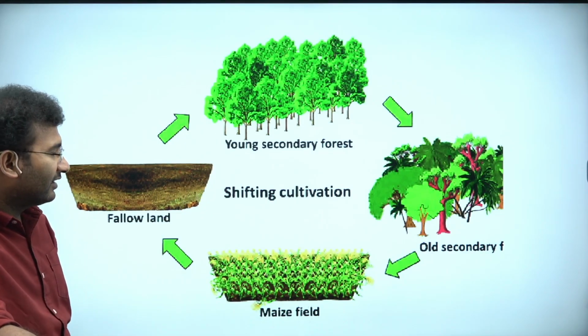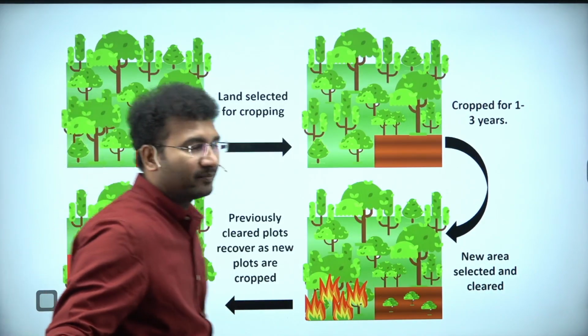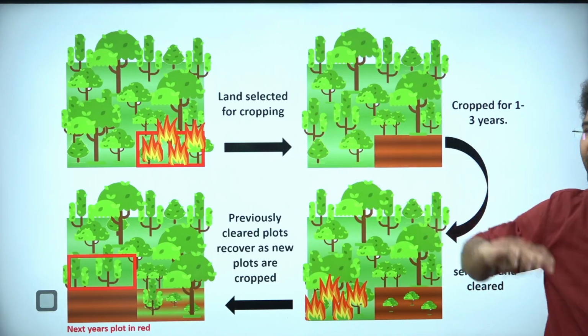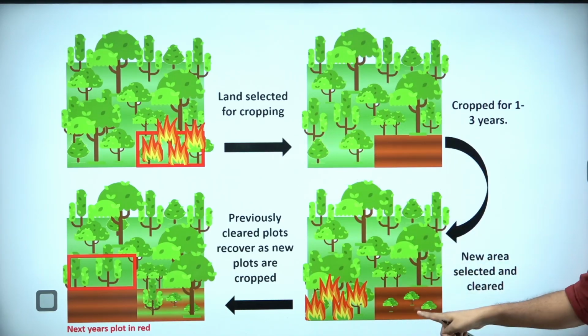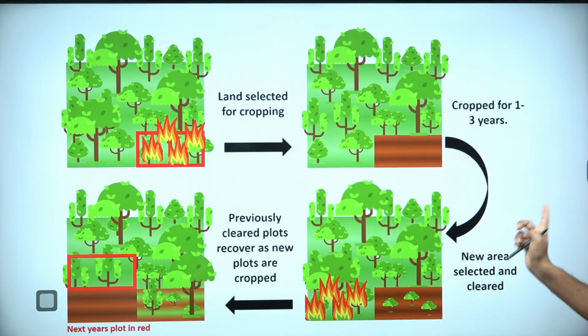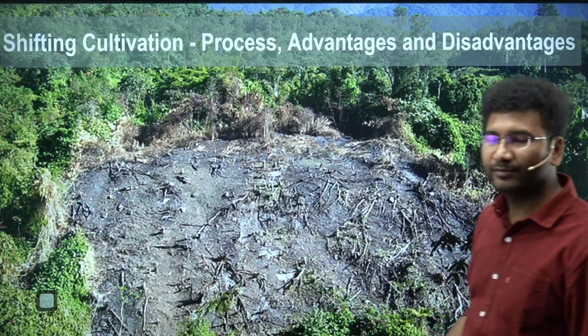In a similar manner, you move from one place to another. First, you select the land and burn it. Then you use this land for growing crops. After that, the crops are grown and the next year you choose a different area. Shifting cultivation is usually done by tribal communities.